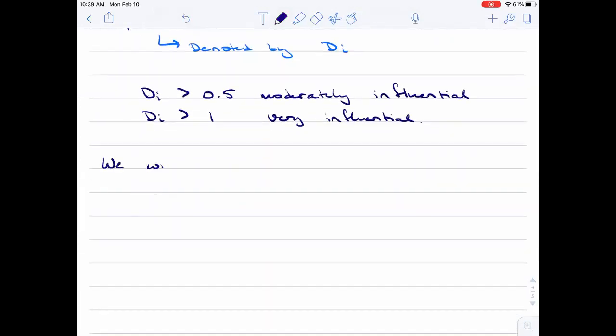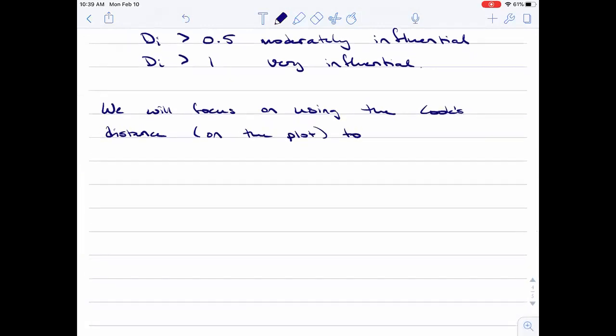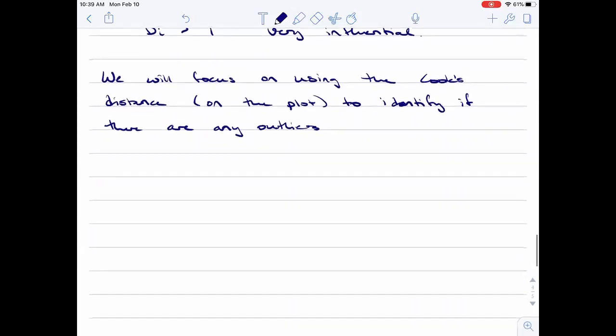So we will focus on using Cook's distance on the plot to identify if there are any outliers, and also to classify them as very influential or somewhat influential.